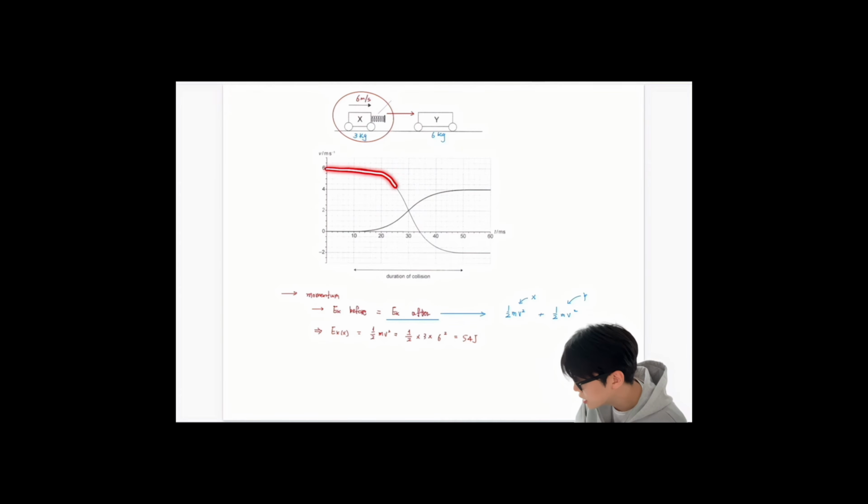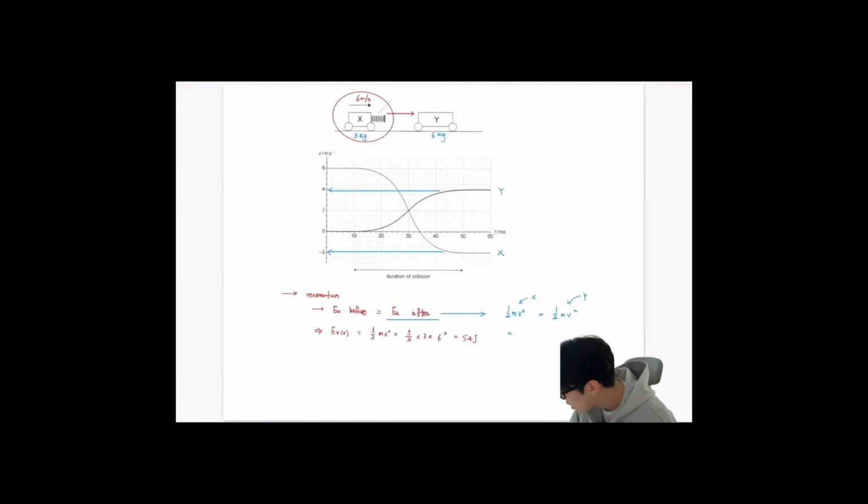So this line here is for the cart X. And this one here starts from 0, and during the collision, the speed increases and reaches 4 meters per second, which is for the cart Y. So after collision, we have to see the number with this one here for the cart X, and the number for this one here, which is 4 meters per second for cart Y.